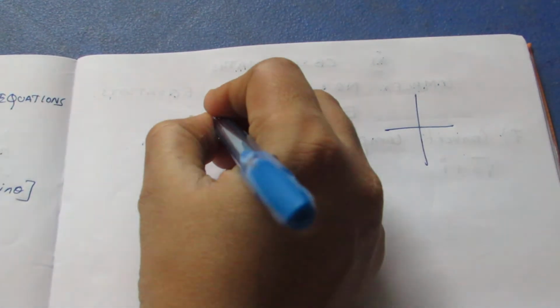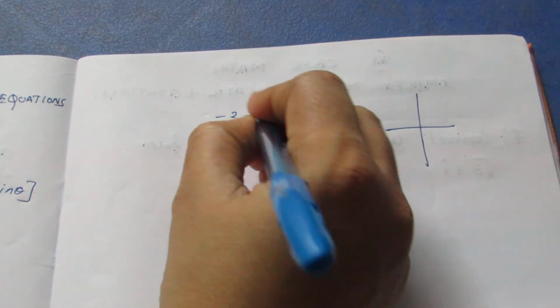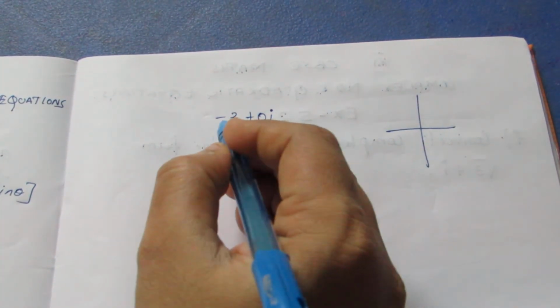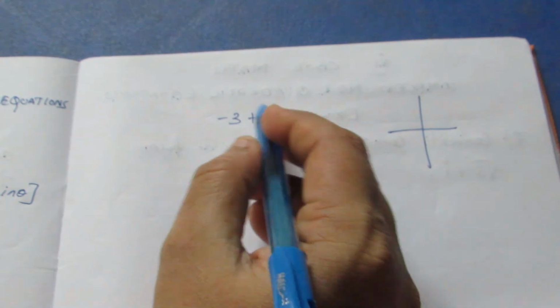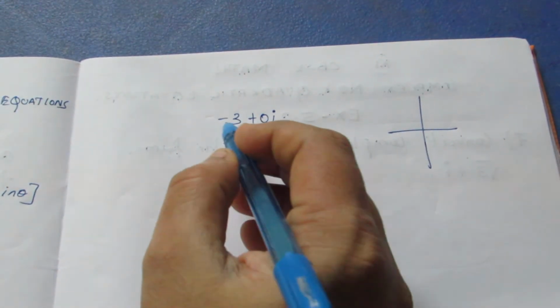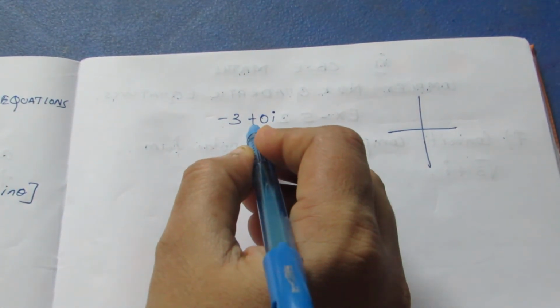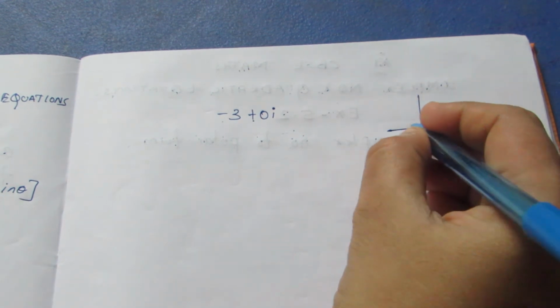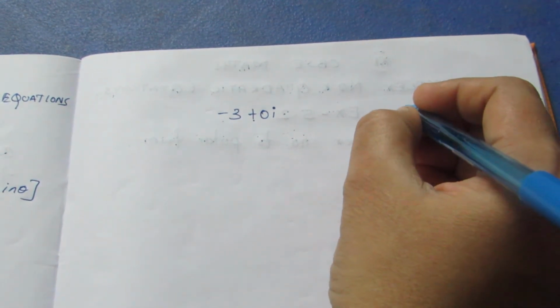The given complex number is -3 plus 0i, that is minus plus. You need to take this to be the x-axis and this to be the y-axis. Here minus plus: minus on the x-axis and plus on the y-axis comes in the second quadrant.